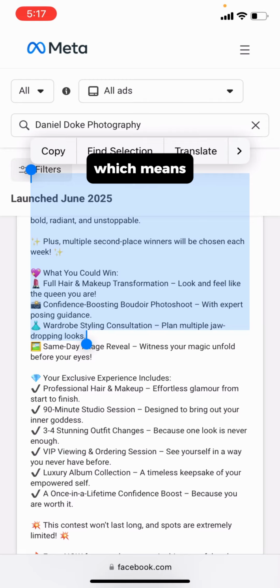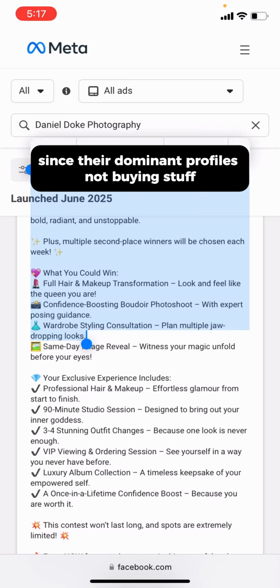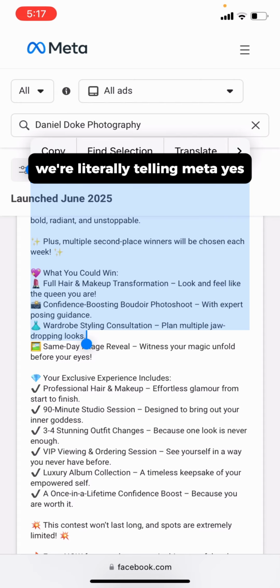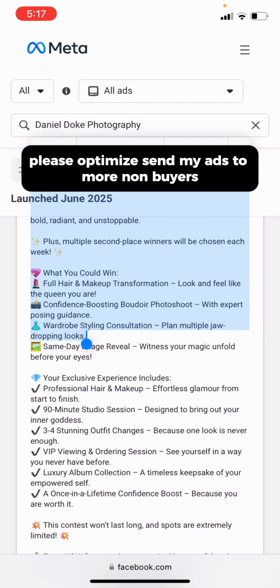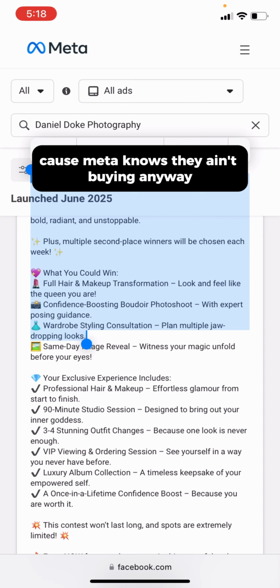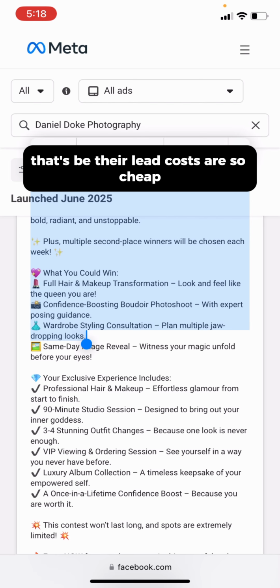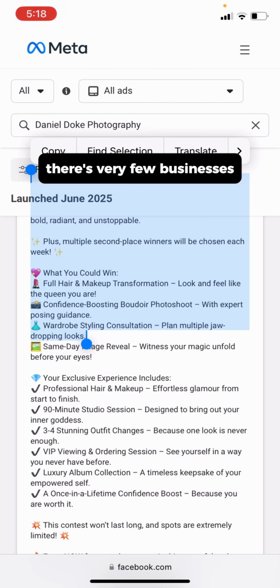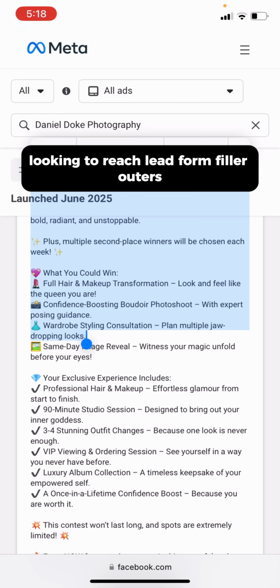Which means, since their dominant profile is not buying stuff, these lead form filler outers are dominantly non-buyers. We're literally telling Meta, yes, please optimize, send my ads to more non-buyers. And this is why the lead costs are so cheap, because Meta knows they ain't buying anyway. Their lead costs are so cheap because there's very few businesses looking to reach lead form filler outers.